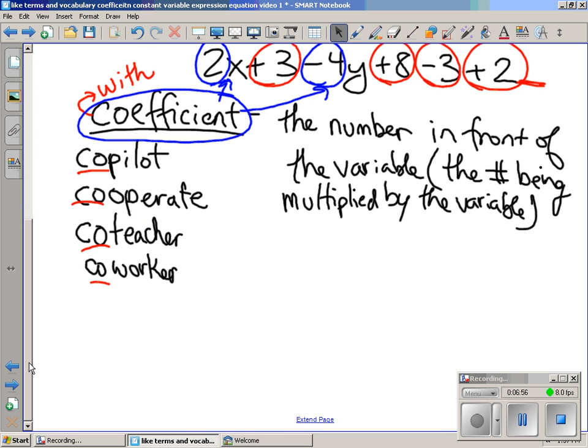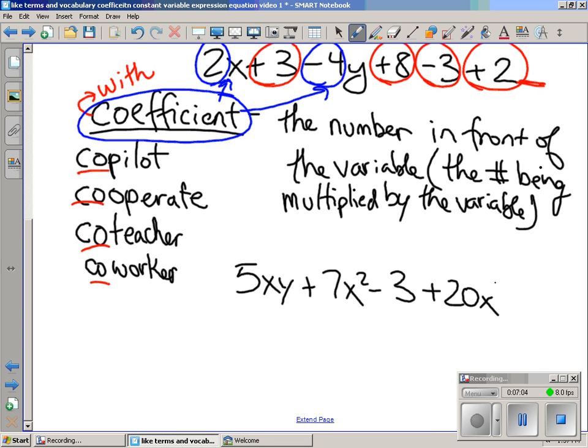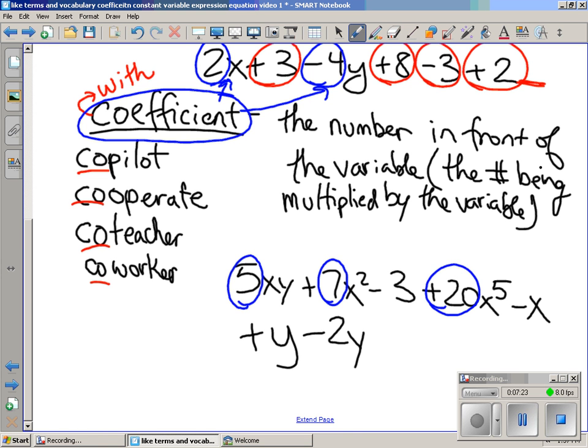Let me give you another example. Let's say you had... 5 is a coefficient, 7 is a coefficient, -3 is not, it's a constant. 20 is a coefficient.